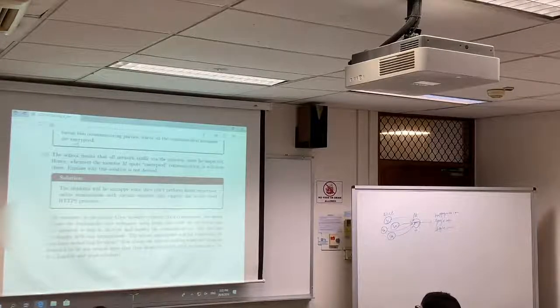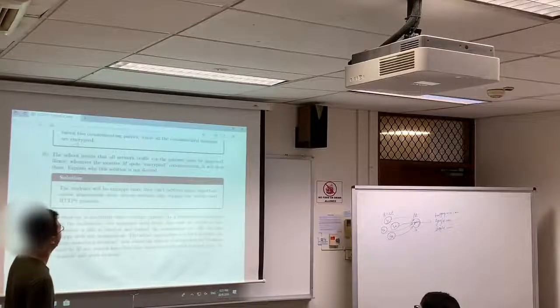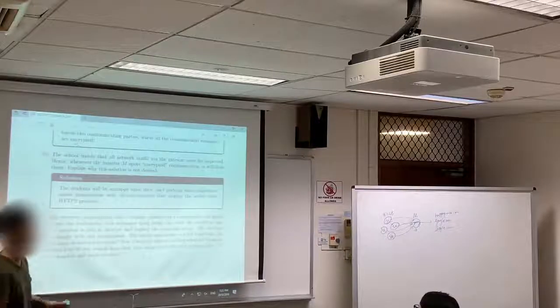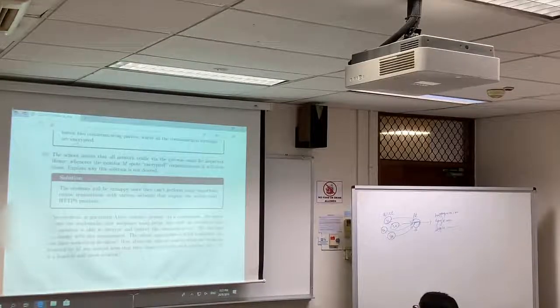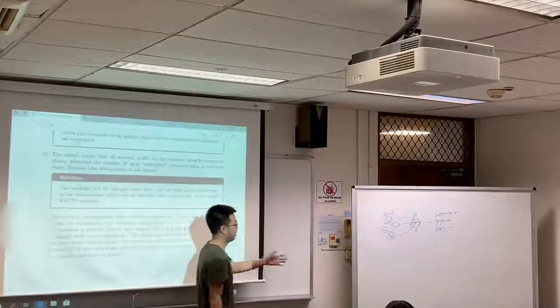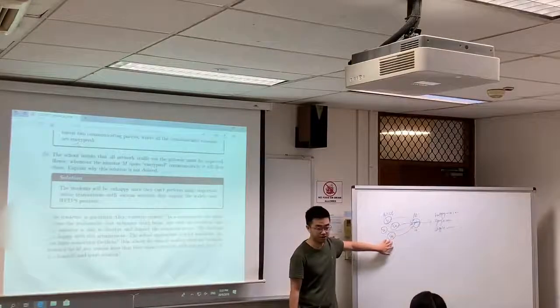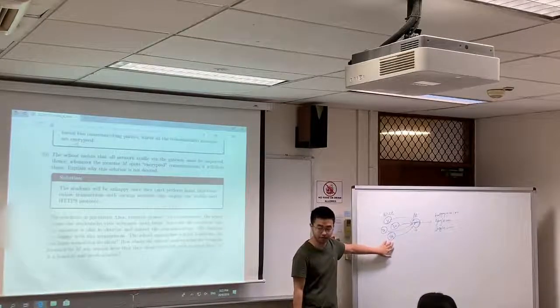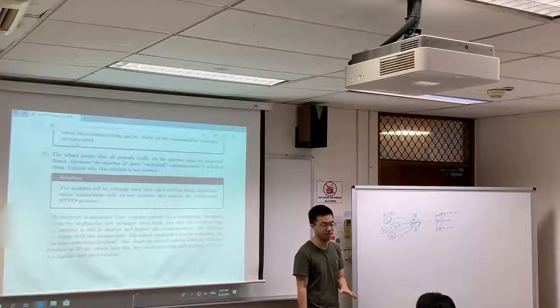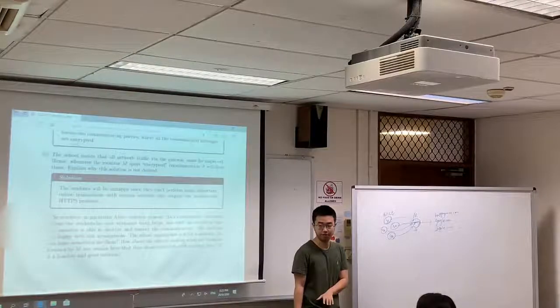So the second question is that the school insists that all the network traffic must be inspected. How do they do it? They just drop all the encrypted network packets, which means if this monitor M receives any HTTPS network packages, it will just directly drop them.